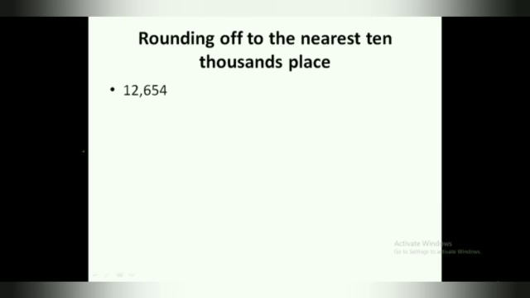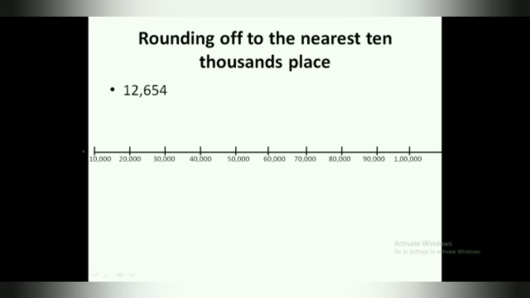Now we move on to the 10,000s place, estimating to 10,000. Now here the number is 12,654. So the numbers will start from 10,000, 20,000, 30,000, 40,000 and move on to 1 lakh on your number line.